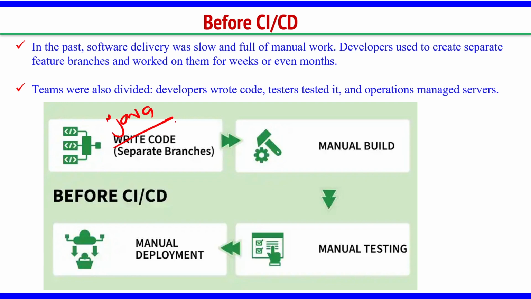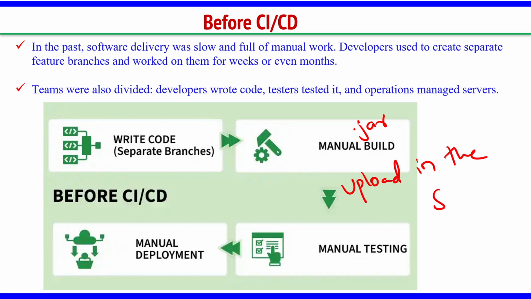You have to manually build the jar file of it, then you have to test that thing, and then you have to deploy it. Everything was done manually. Deployment was supposed to be done by us. How do you do manual deployment? You create that .jar file, the Java archive, and we used to upload it in the server, and we will do all the settings.